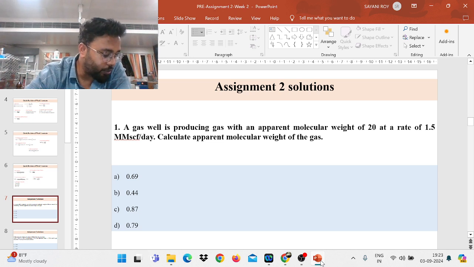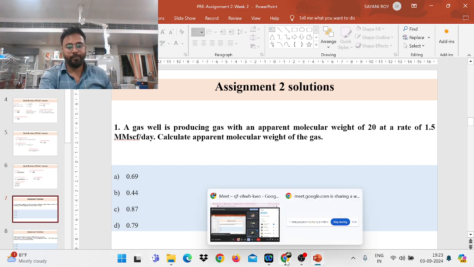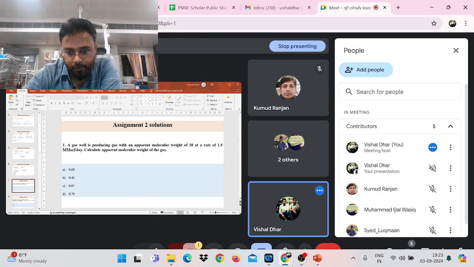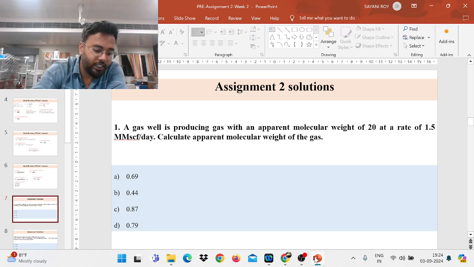The apparent molecular weight of the gas is already given, so you have to find the specific gravity of the gas. Write down the question first and then try to solve the numerical.